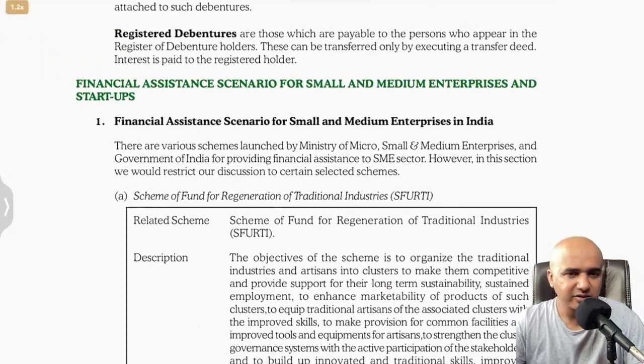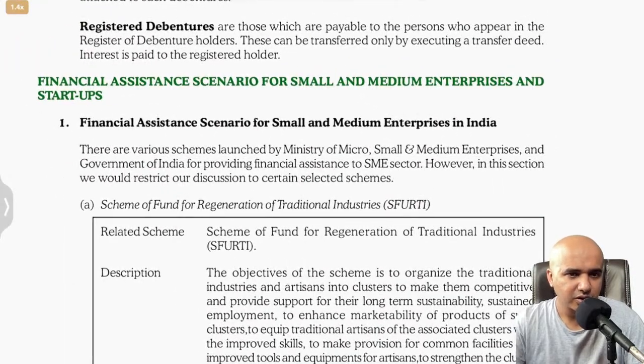Okay, then this financial assistance scenario for small and medium enterprises and startups, SFURTI, scheme of fund for regeneration of traditional industries.